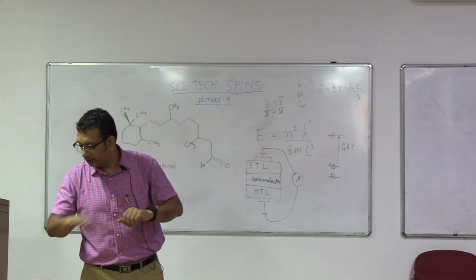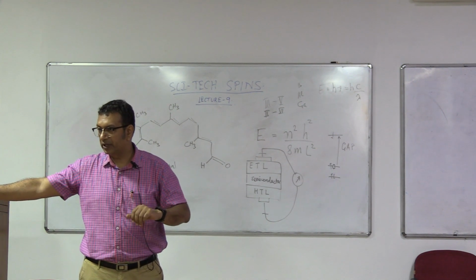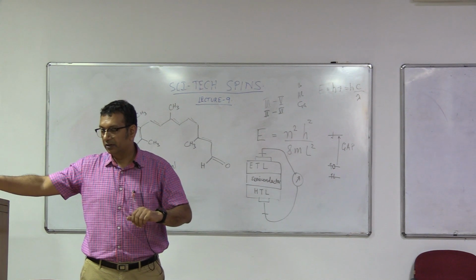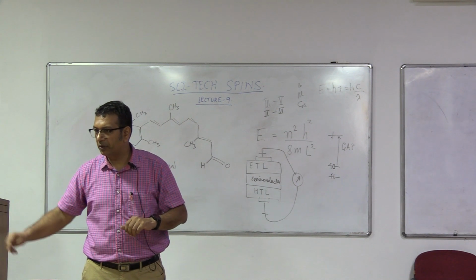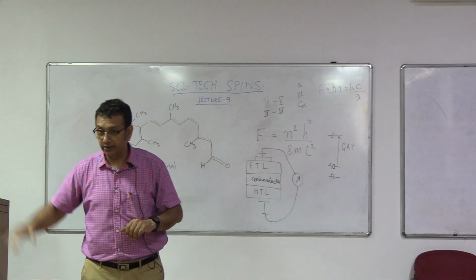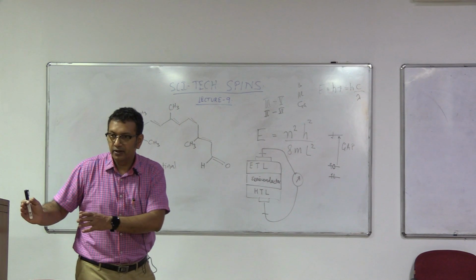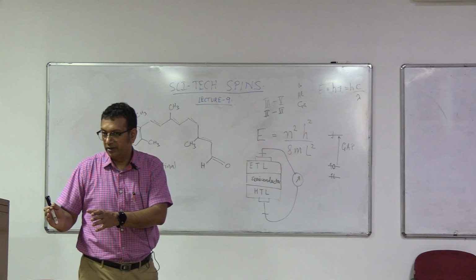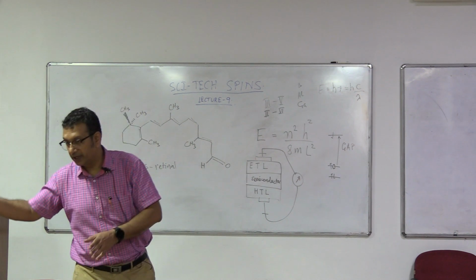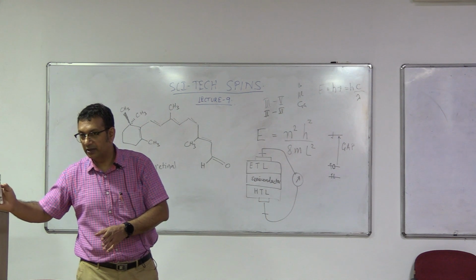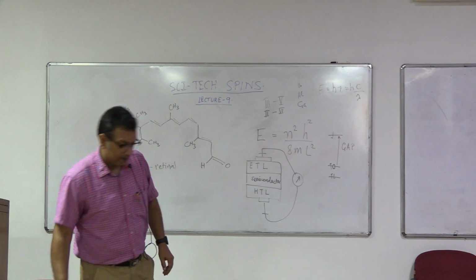Lead sulfide, even more infrared. The wavelength corresponds to roughly about 3,000 nanometers. Lead selenide, you shift even further in the infrared. Lead telluride, even further. So what's happening?